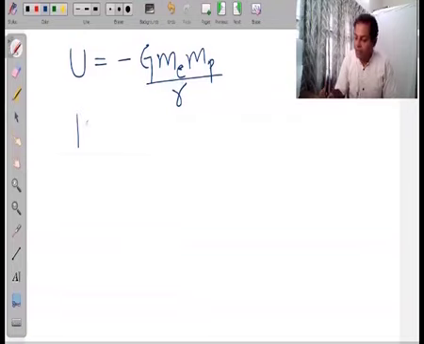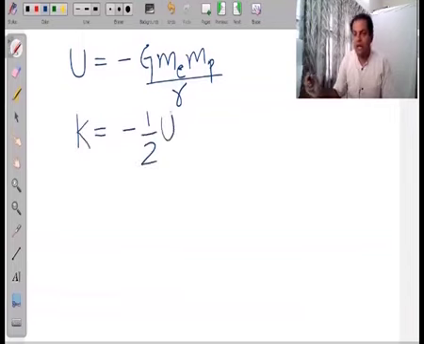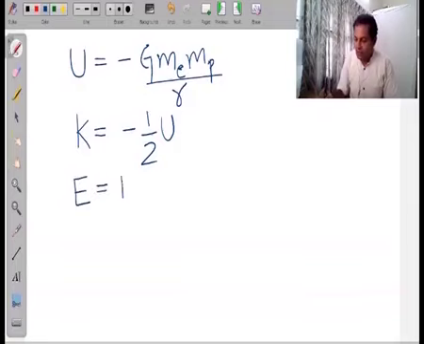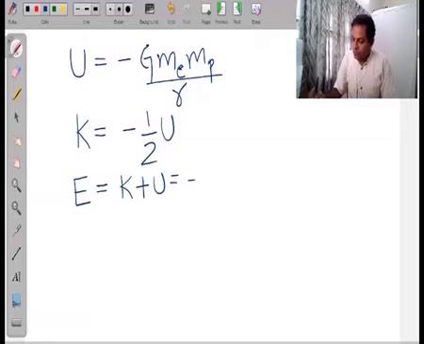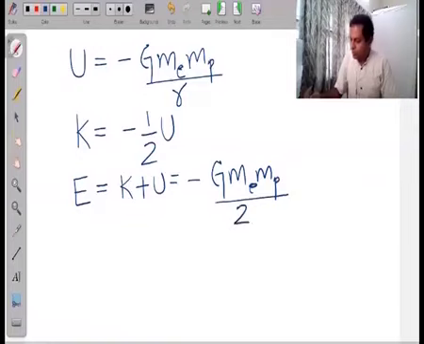The kinetic part will be minus half of U, and your total energy will be, which is E is K plus U, and that will be minus G mass of electron, mass of proton upon 2 times R.